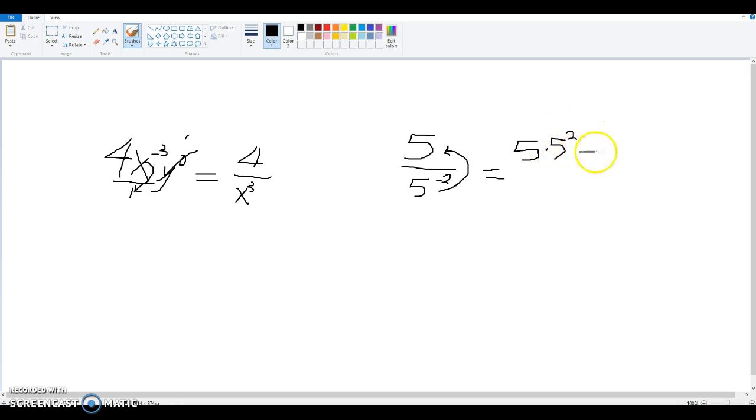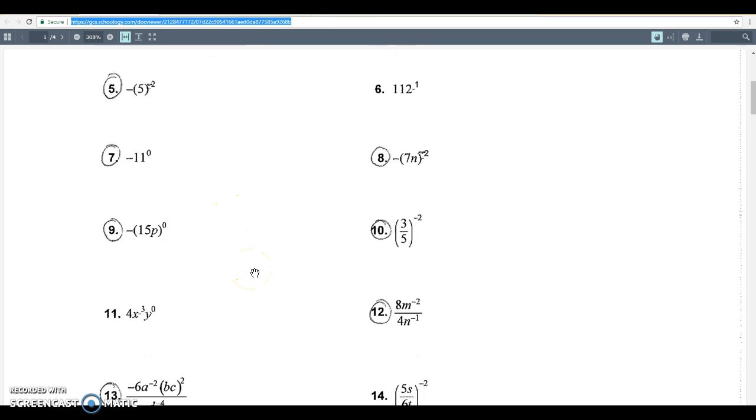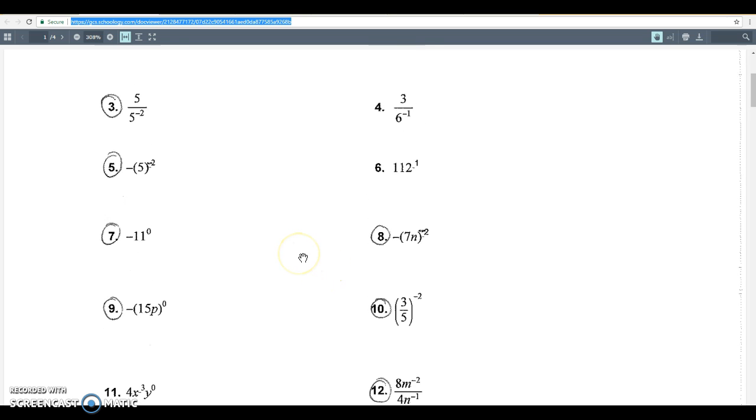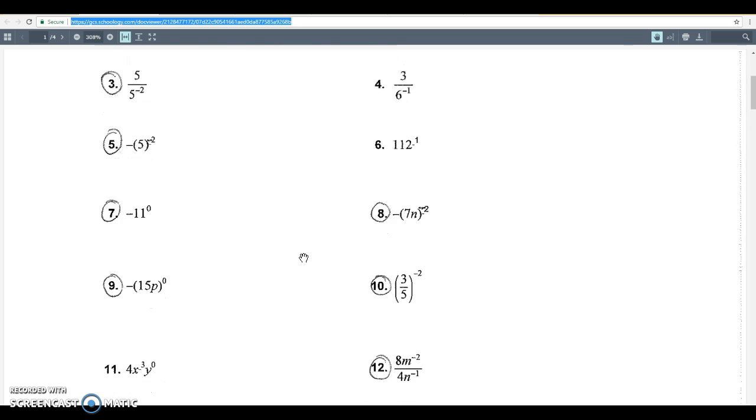So 1 plus 2 equals 3. So that's equal to 5 cubed. And again, you can just do this on your calculator. 5 cubed equals 125. So that's another trick to remember. If you're looking at any of these things and you can't figure out what the answer is, you can always see what your calculator gives you. Okay.